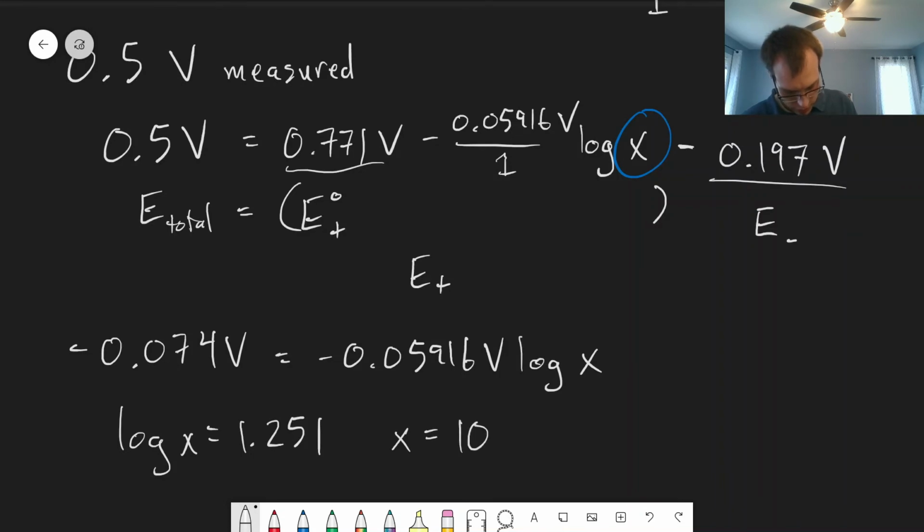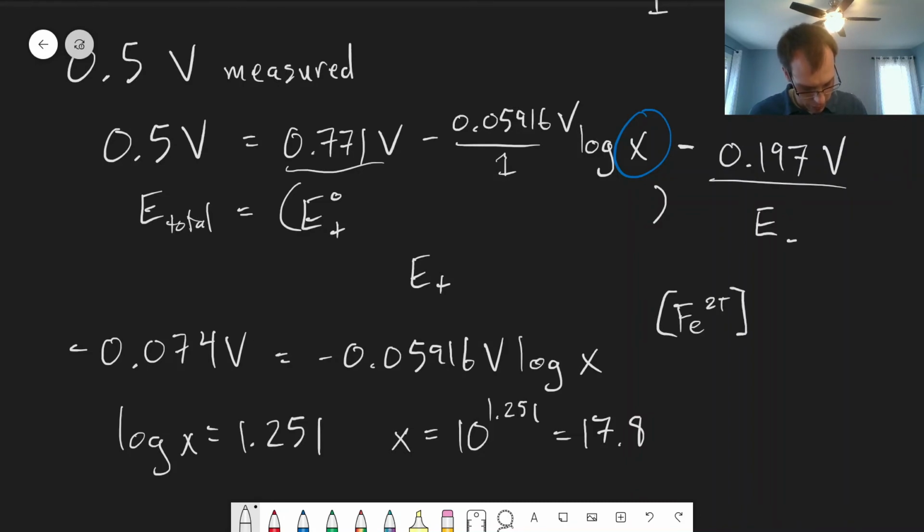So x will be equal to 10 to the 1.251, which gives us 17.8. So what that means is because we measured a voltage of 0.5 volts on this overall cell, we know that the ratio of our iron species is 17.8, meaning there's 17.8 times more iron 2 than iron 3.